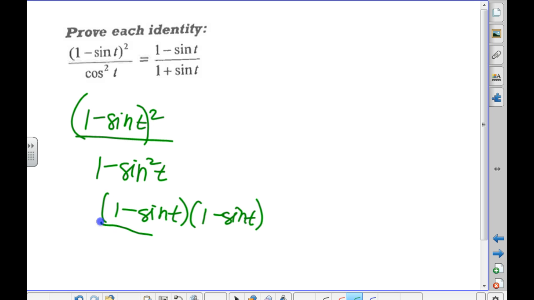What does the bottom become? Sorry, that's a really crooked line. Can we factor that 1 minus sine squared? 1 minus sine times 1 plus sine? Then some things cancel, and we're left with 1 minus sine over 1 plus sine. Unfortunately, if you started off in a different direction on that, it just became very, very painful.